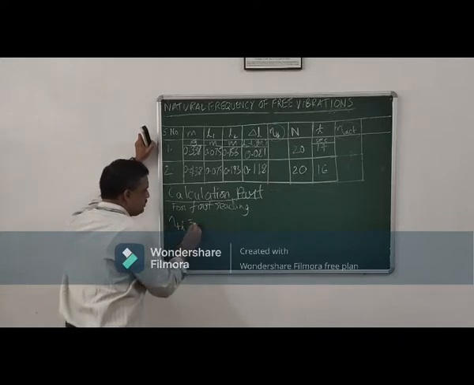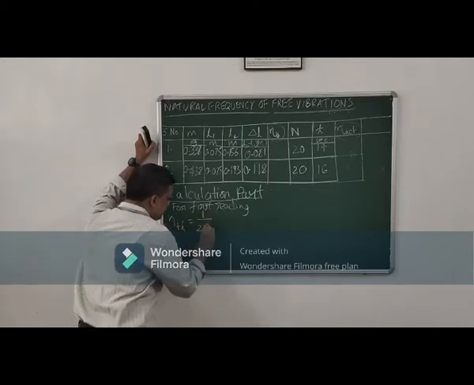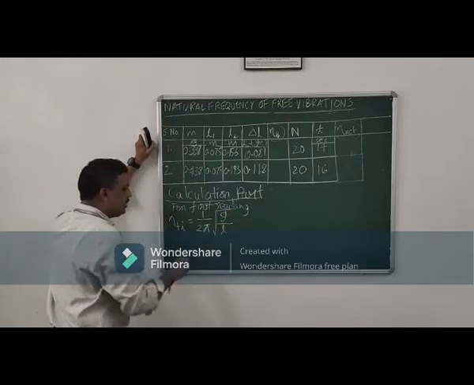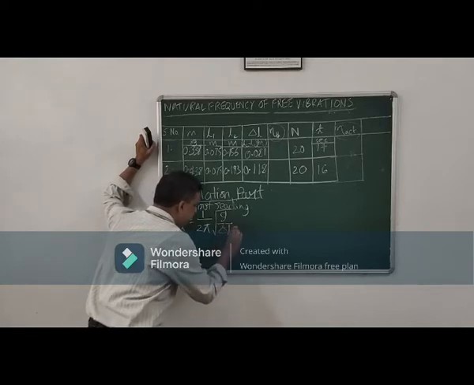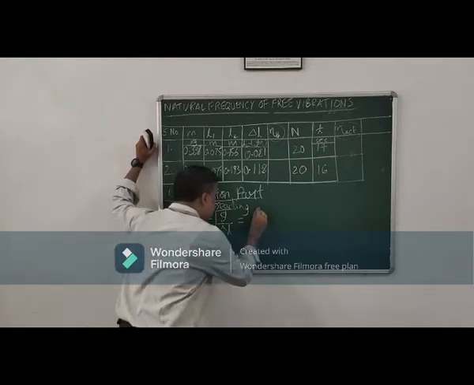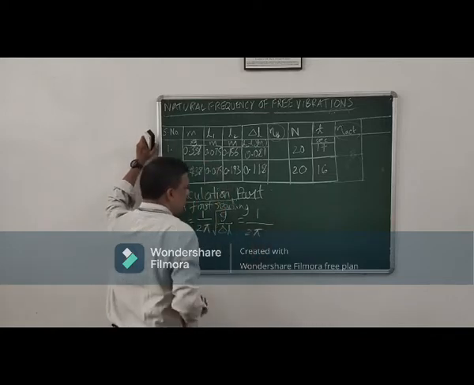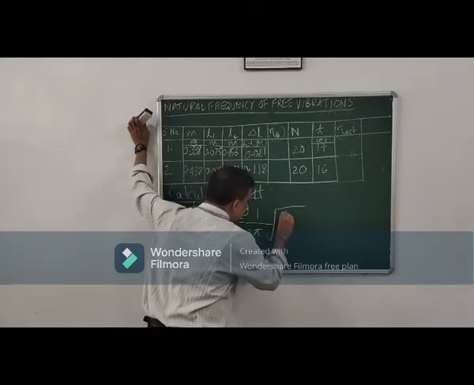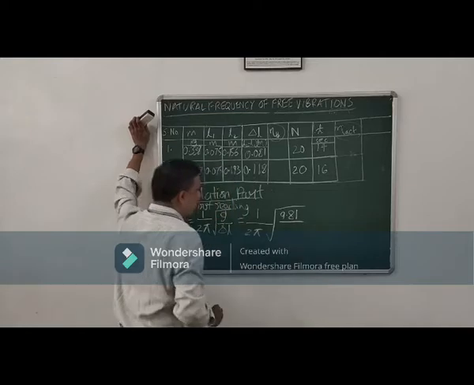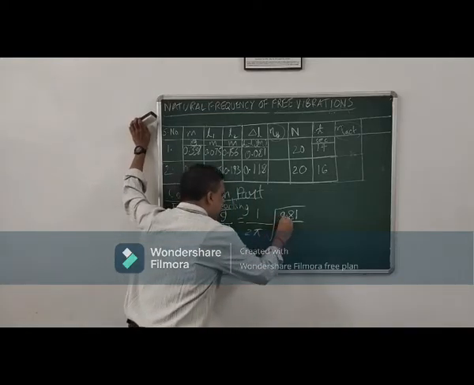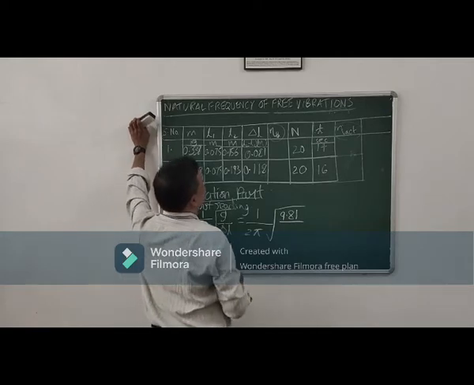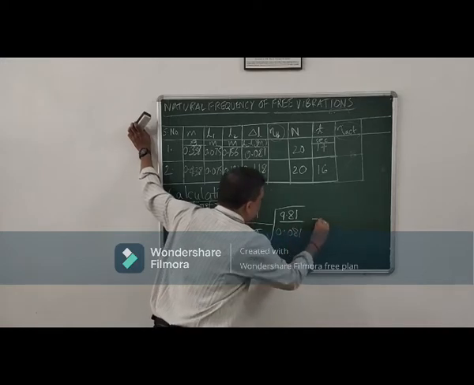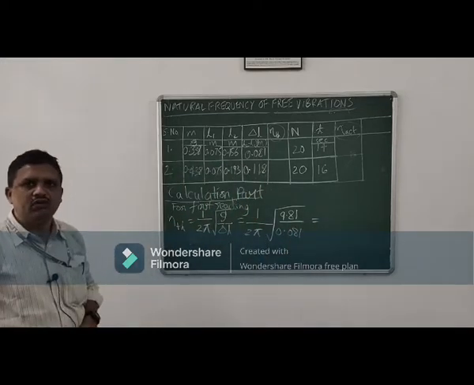So theoretical frequency is equal to 1 by 2 pi multiplied by root over g by delta L, okay. So let us substitute the values. For serial number 1 reading, g is the acceleration due to gravity, that is 9.81, so root over 9.81 by delta L. So how much is delta L? Delta L is 0.081, okay. So let us calculate this value.